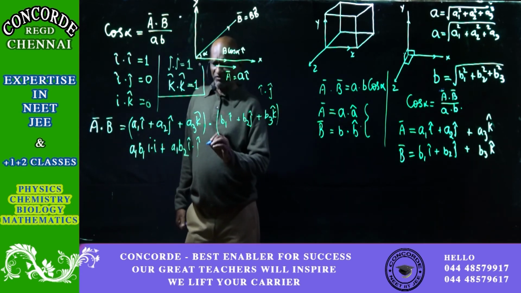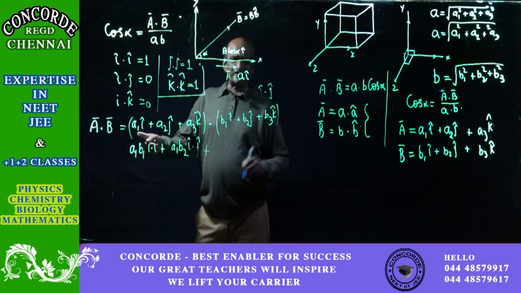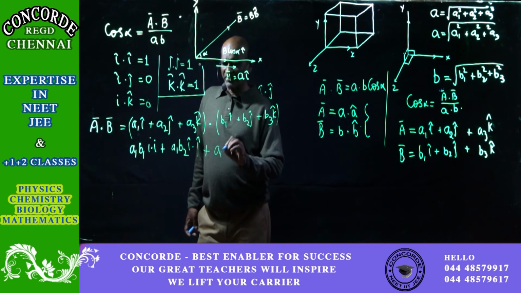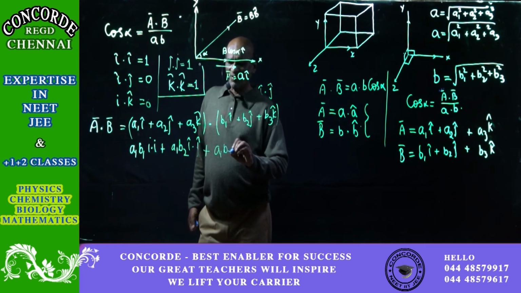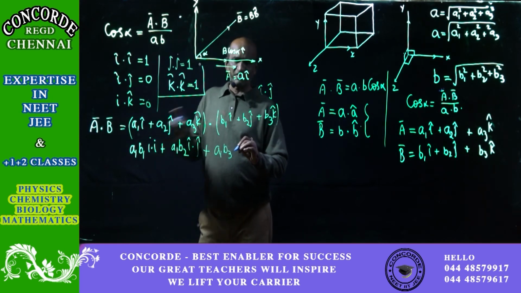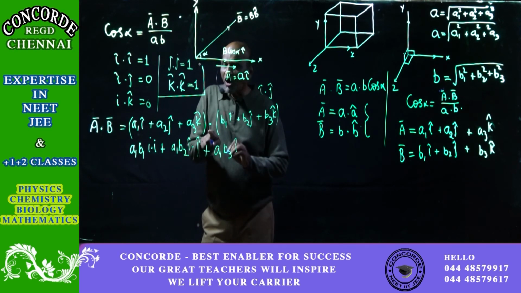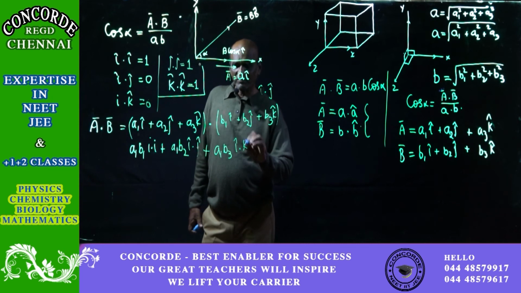Coming to the point now, we have got now A1 i multiplied with B3 k. So A1, B3 are all numbers, magnitudes alone. So here it is i and the other one is k. So i dot k.